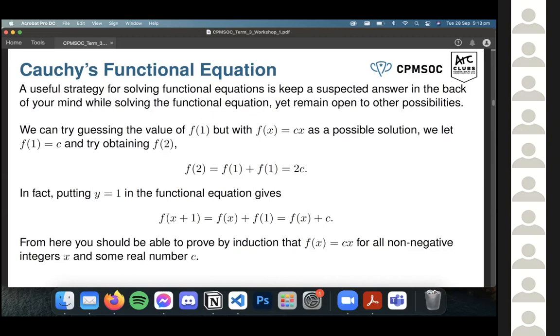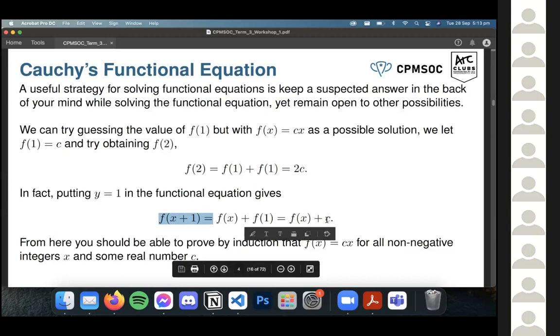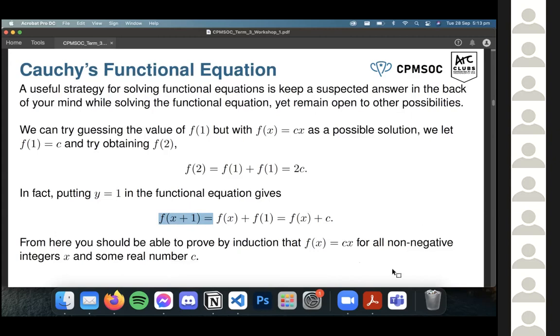Well, we've basically found a recursive formula for our functional equation. The value at the next point is equal to the value at the current point plus c. And now that we have this recursive solution, we can just apply induction. That's how we're going to get the whole set of positive integers.